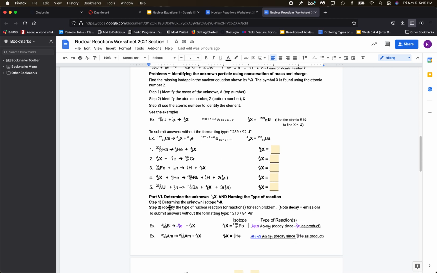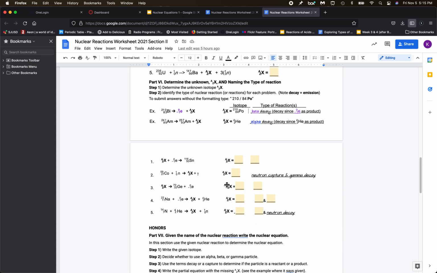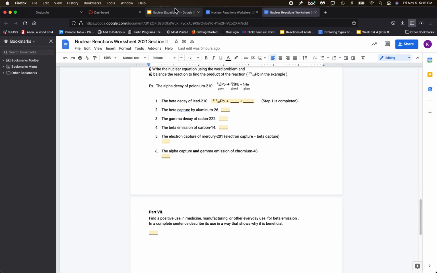And then there's a balancing piece, and this is the focus of this lecture, and then putting everything together. And then honors has a little bit more work to do after that.